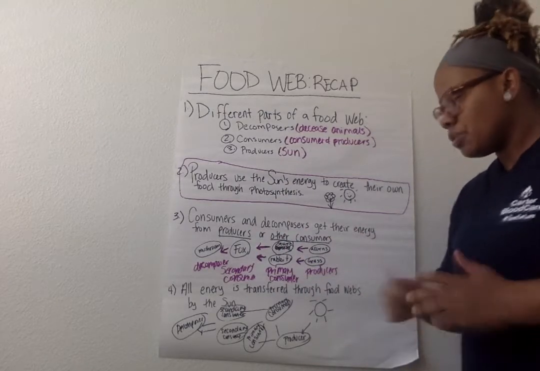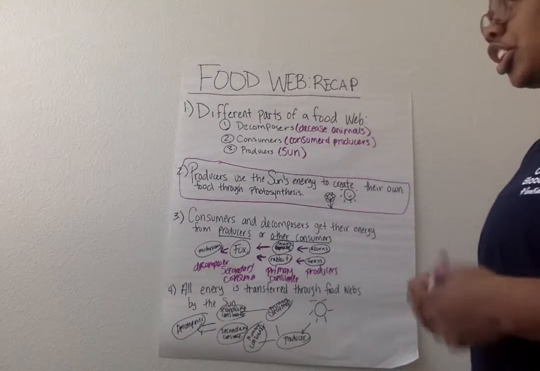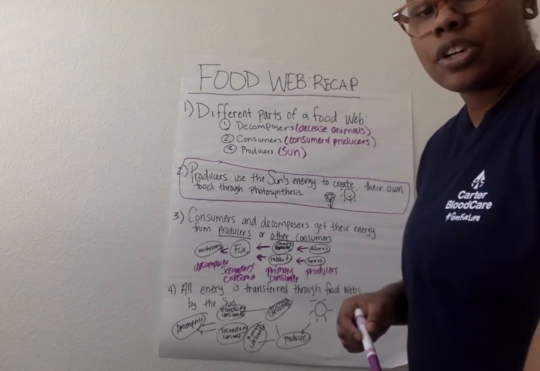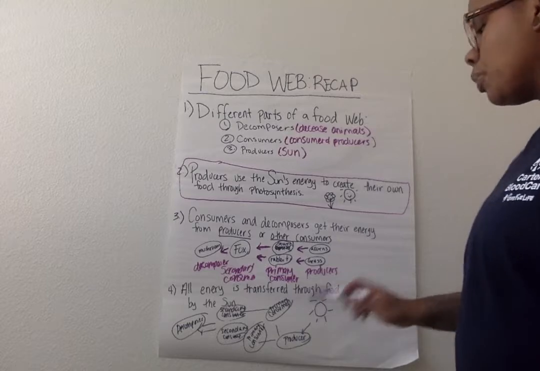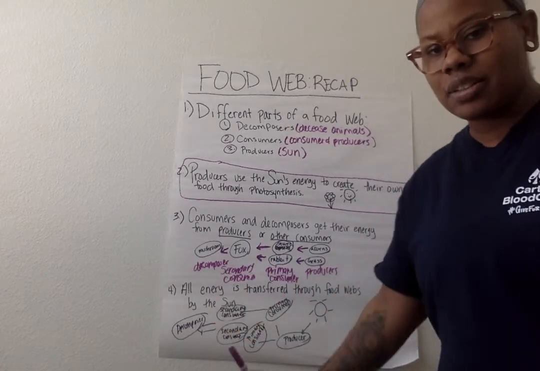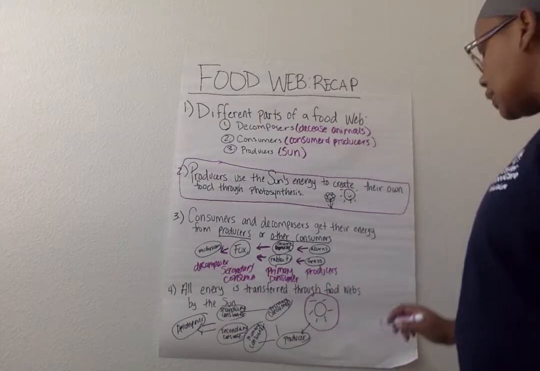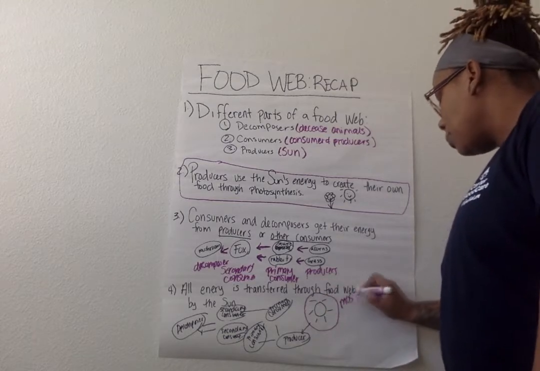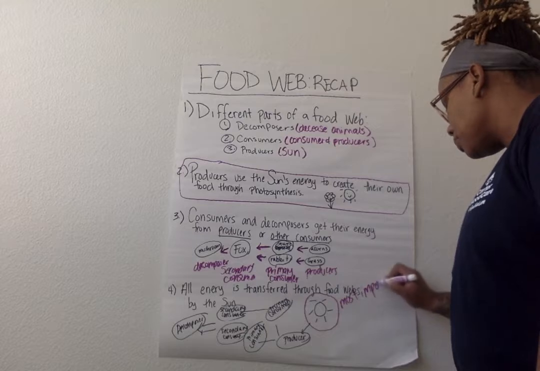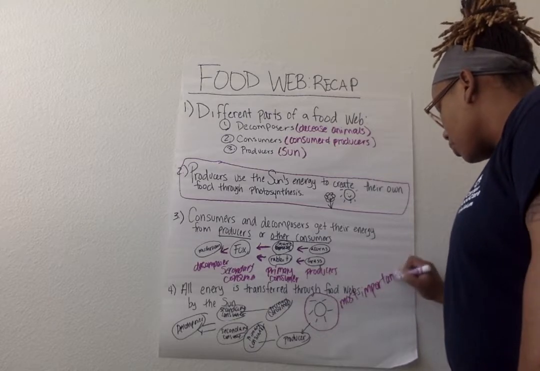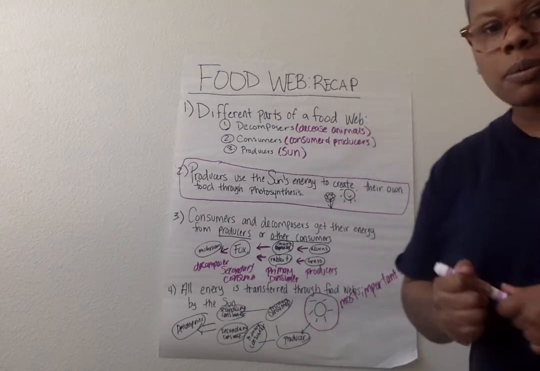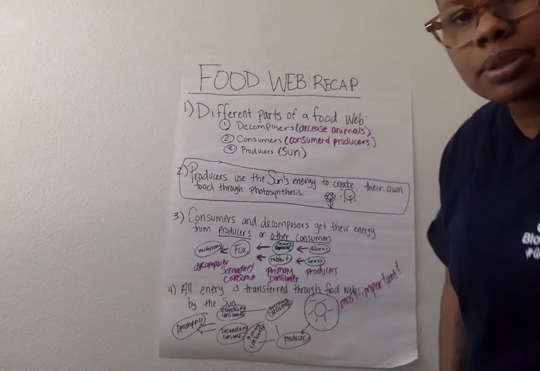All right, and then our fourth one is that all energy is transferred through food webs by the sun. Okay, so the sun is the most important part of the food web. And remember why I had said the sun is the most important?